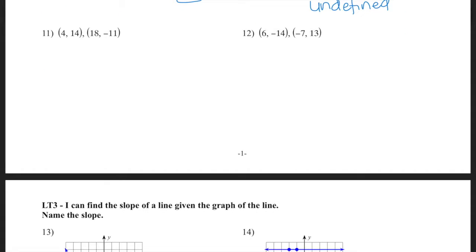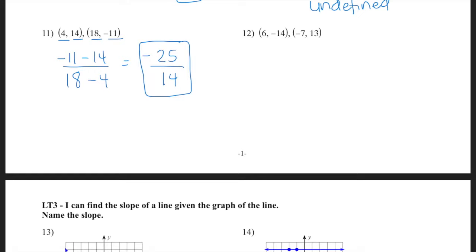For number 11, y2 minus y1, -11 minus 14. x2 minus x1, 18 minus 4. This gives us -25 over 14. And let me think, I don't think there's anything that we can simplify. Nothing will go into both of those numbers, so that is our answer.